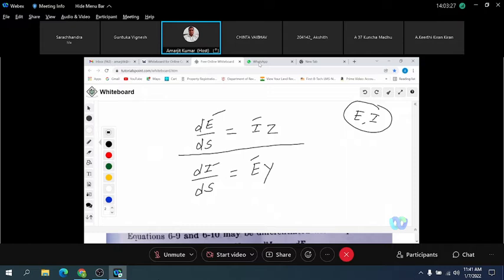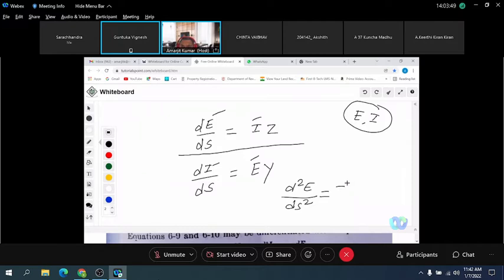Sir, the second equation we will differentiate with respect to s, and substitute that I Z value. So d square I by ds square is equal to Y into dE by ds. And dE by ds is equal to I Z. So I into YZ.